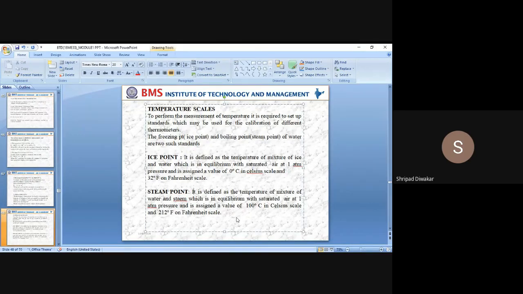Steam point is defined as the temperature of mixture of water and steam which are in equilibrium state, once again at saturated pressure, that is at 1 atmosphere pressure. The standard value of steam point is 100 degrees Celsius, and in Fahrenheit scale it is 212 degree Fahrenheit. So these are the two standard points we use in measurement in order to determine the constant values like A, B, C, D.